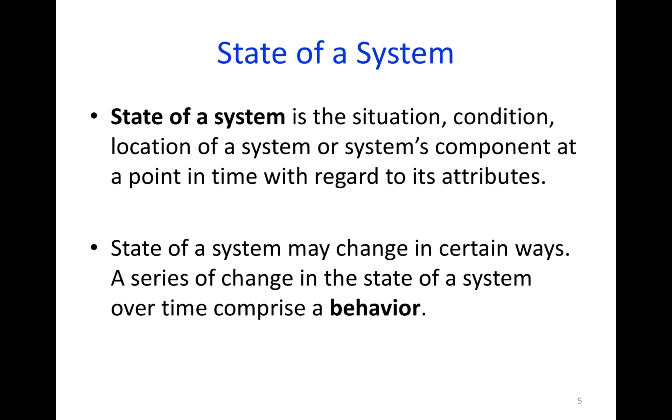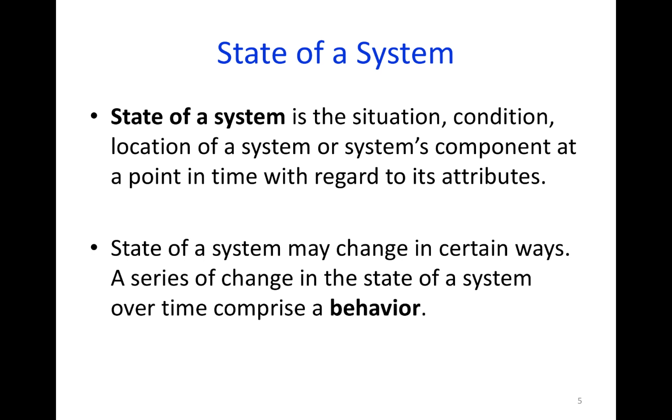The values of these metrics and characteristics form the state of the system. At any point of time, we have specific values for these metrics, and we can use them to specify the state of the system.